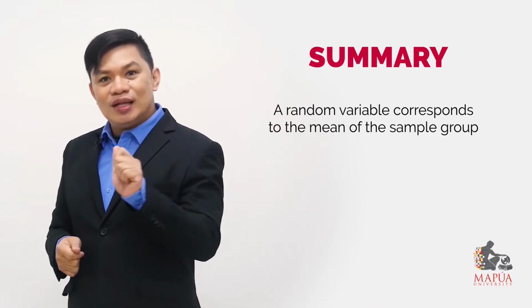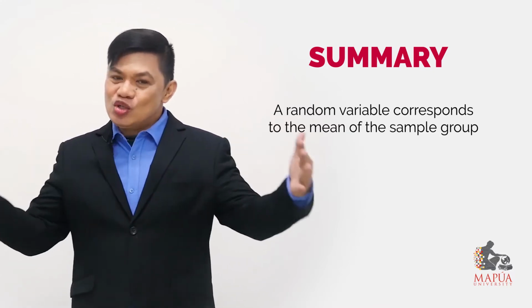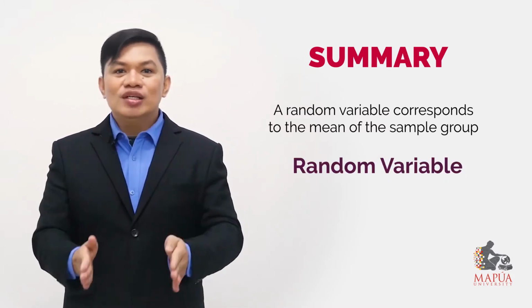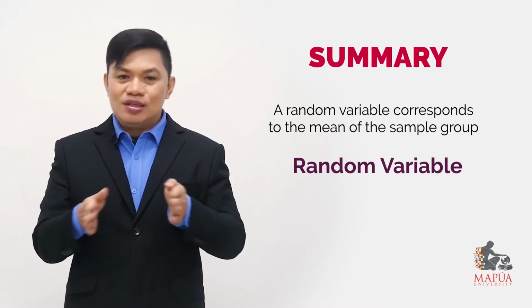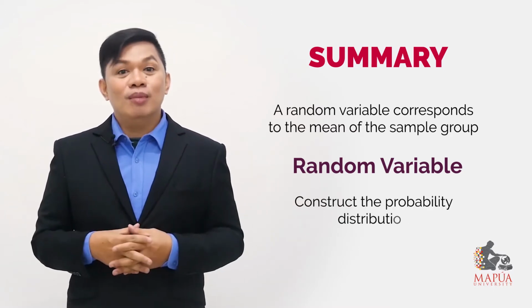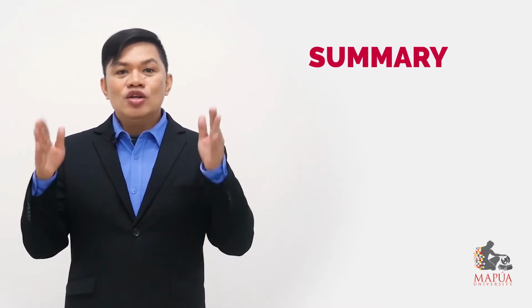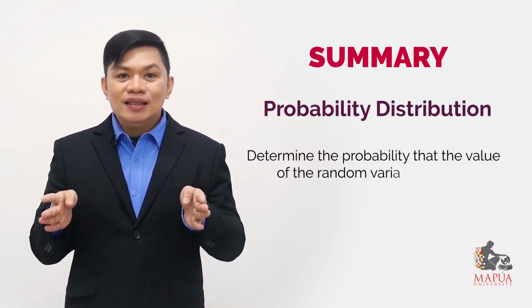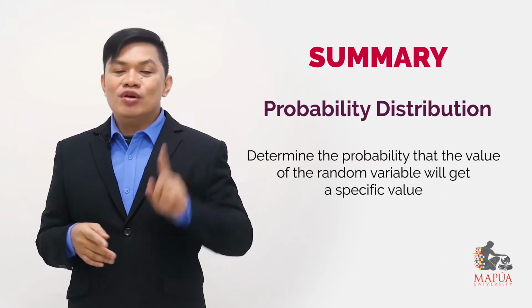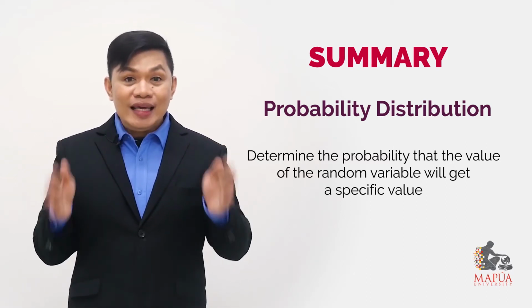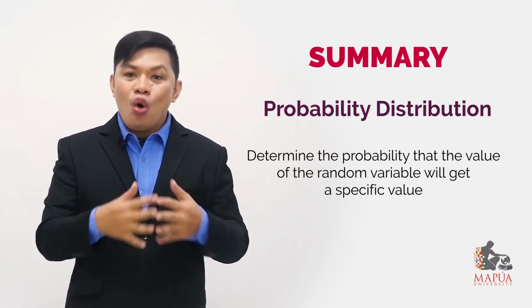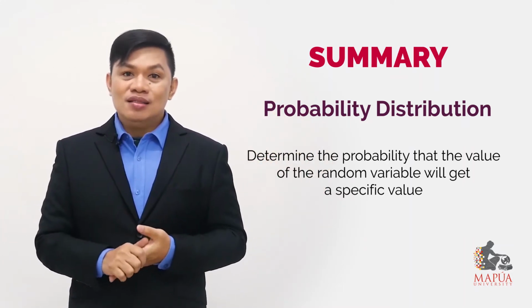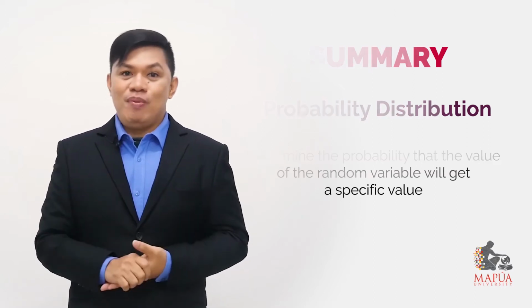So what we will do now is, as usual, once you have a random variable, the immediate action that you need to do is construct the corresponding probability distribution. When you say probability distribution, we're going to determine the probability that your random variable will get a specific value throughout all the possible experiments or replications of your experiment.